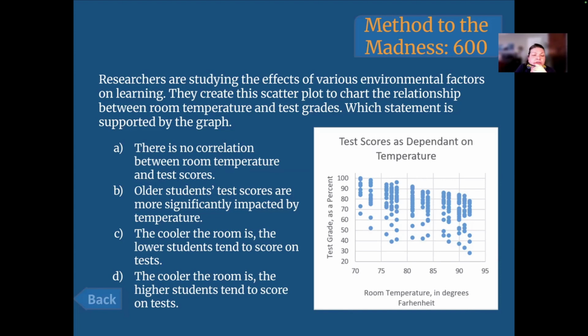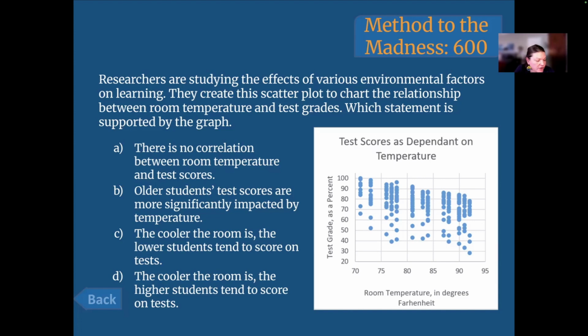So A, there is no correlation between room temperature and test scores. What do you think? Honestly, I'm finding it hard to understand this graph. Yeah, it's confusing on a scatter plot, but the only thing you have to know about a scatter plot is does it look like it's going up, going down, or there's no pattern? There's definitely a pattern, isn't there?